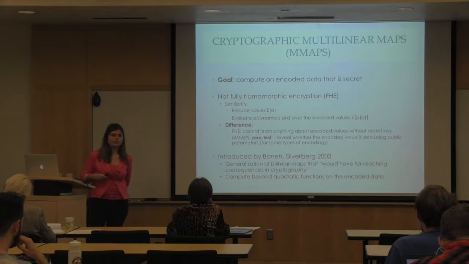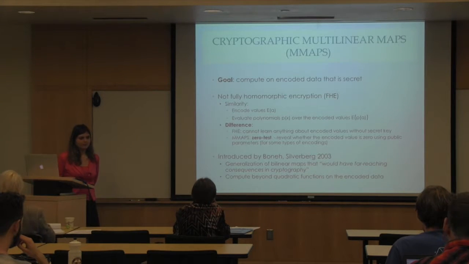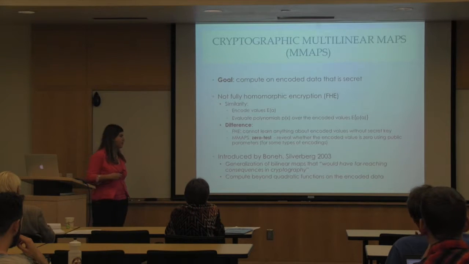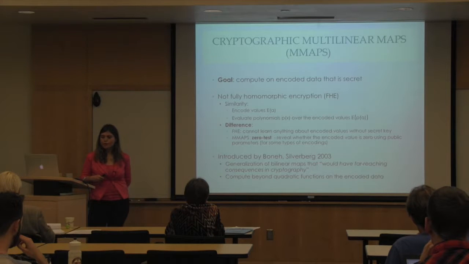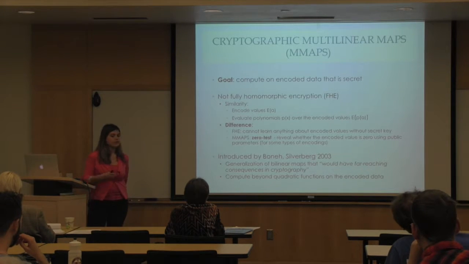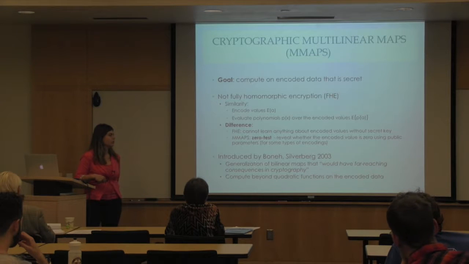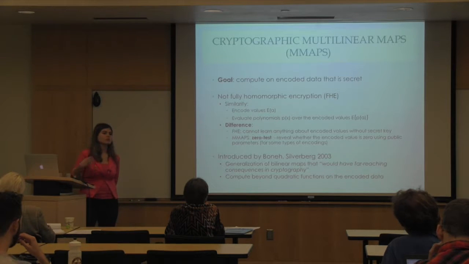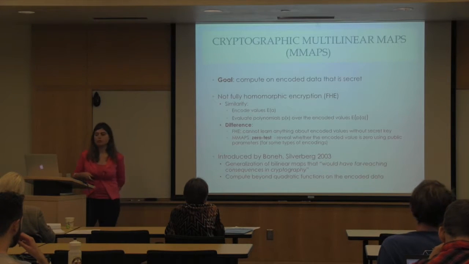I'm not sure whether they really realized what the consequences of this utility for cryptography would be, but they definitely had good intuition. So the goal of multilinear maps was to expand the ability to compute on encoded values beyond quadratic functions. Because we have already used bilinear maps that allowed us to compute quadratic functions on encoded values, and now multilinear maps are aiming to take this one step further.